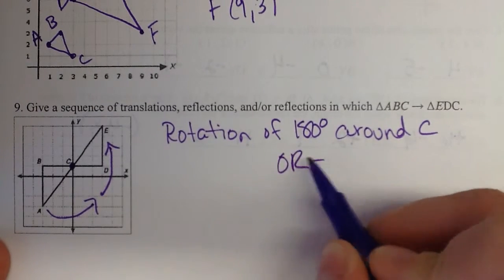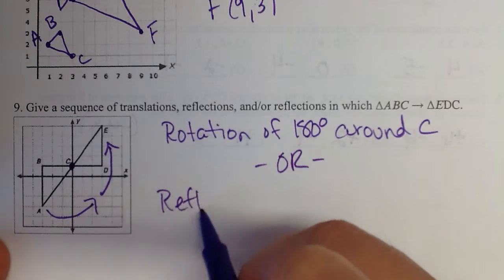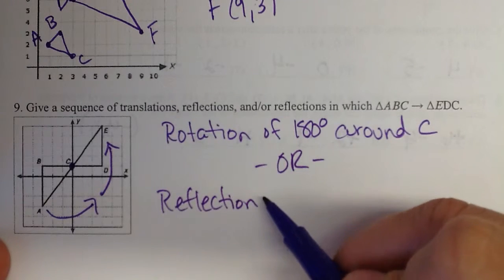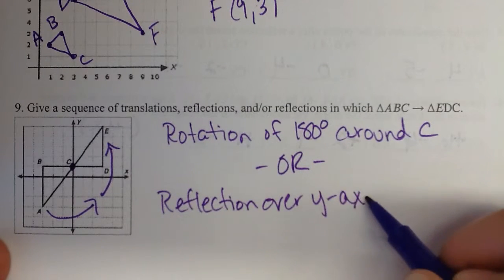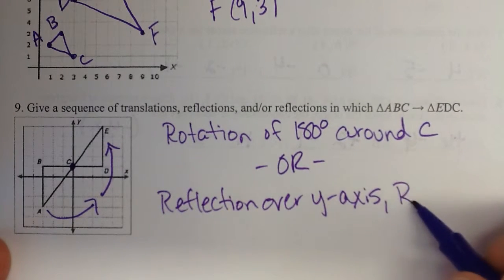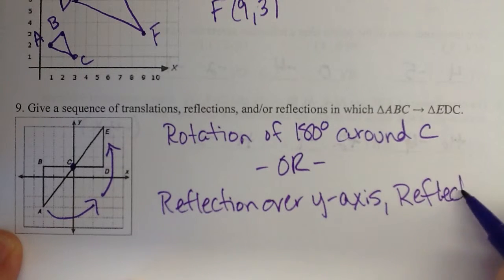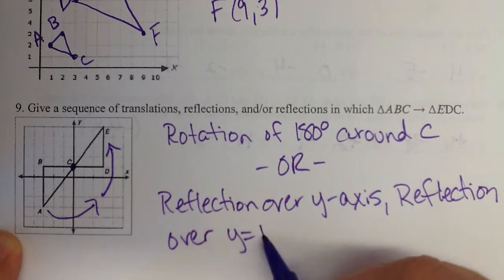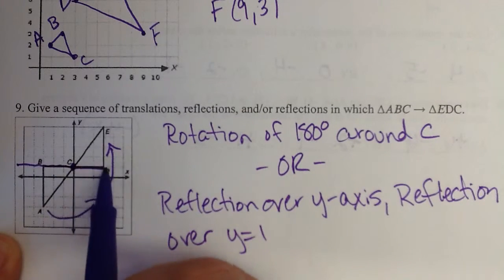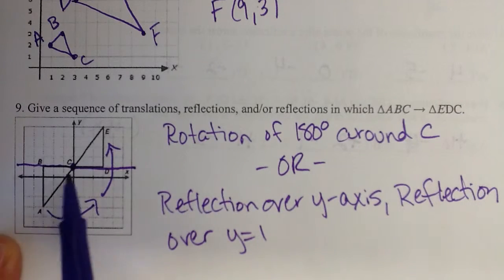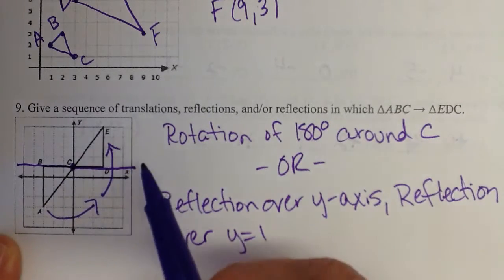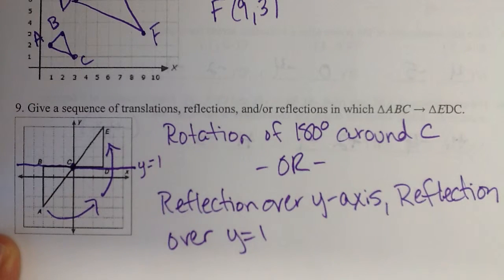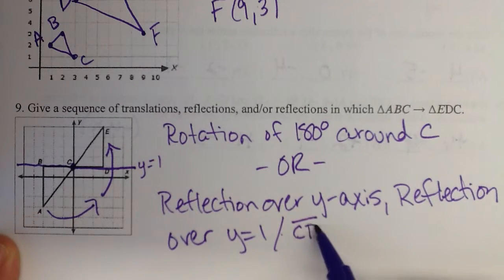Or you could do a reflection over the y-axis, and then a reflection over y equals 1, which is this line right here. Wherever the line goes through that number on the axis is what we call it, so that would be y equals 1. Or you could say over segment CD.